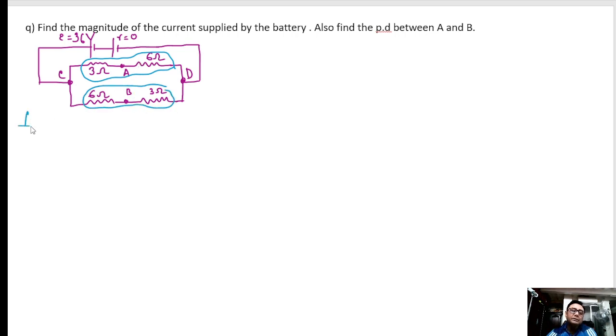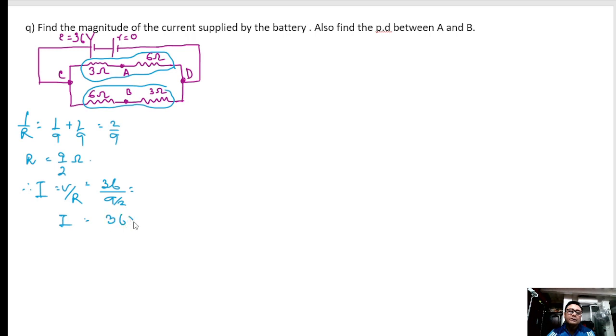So net resistance 1 by 9 plus 1 by 9, which is 2 by 9, 9 by 2 ohms. Okay. Therefore current V by R, which is 36 by 9 by 2, which is 36 into 2 by 9.